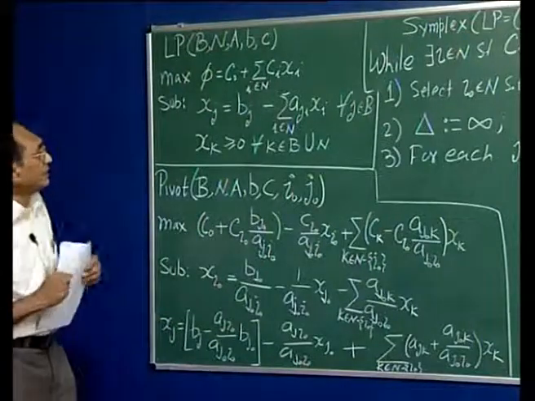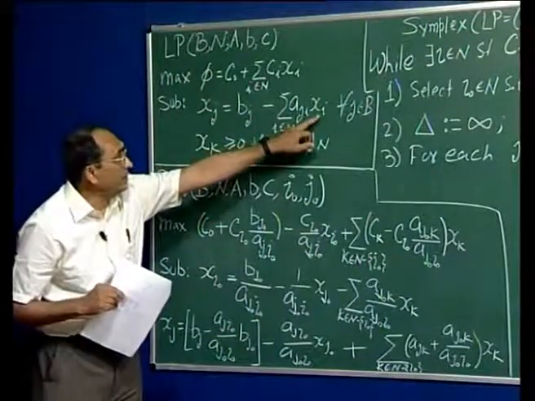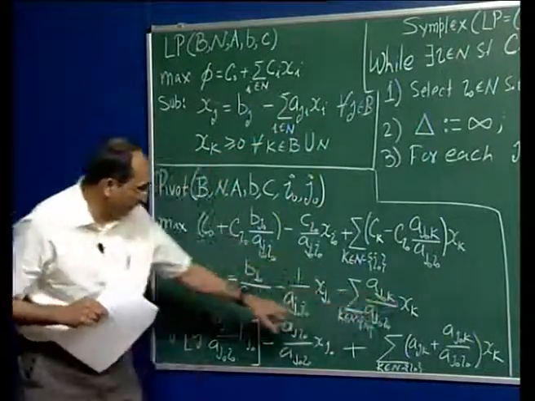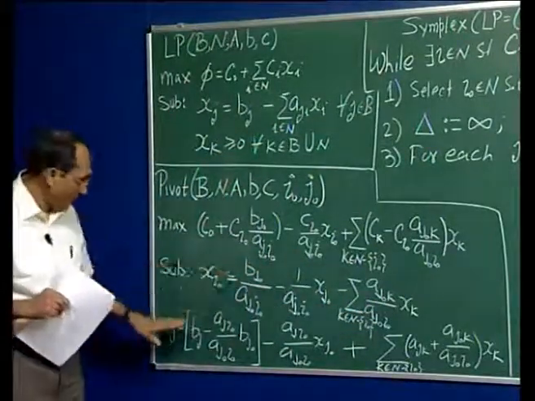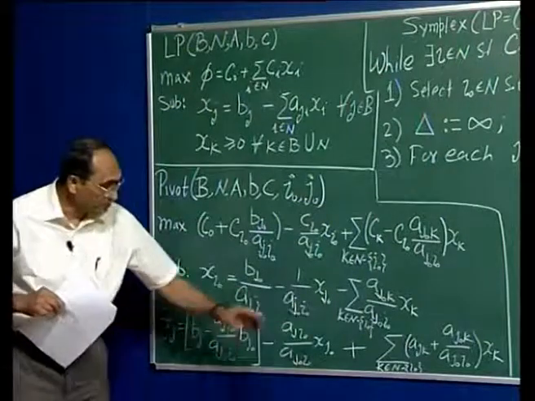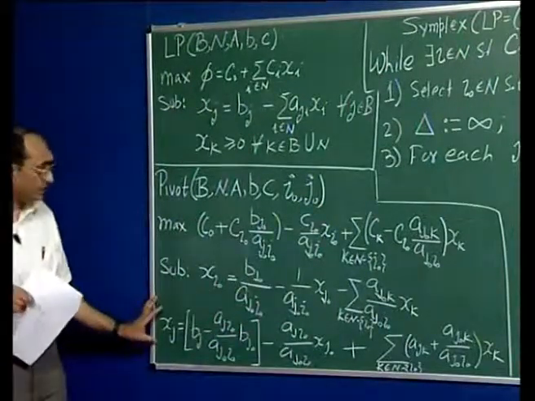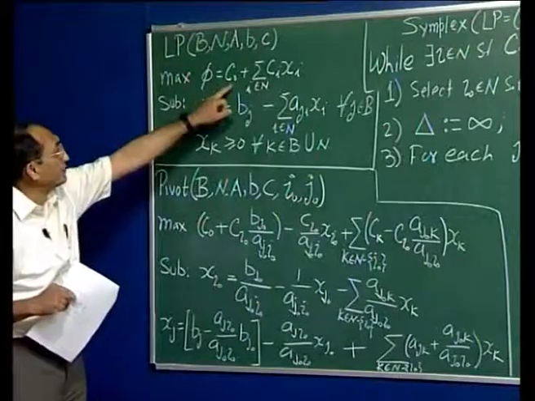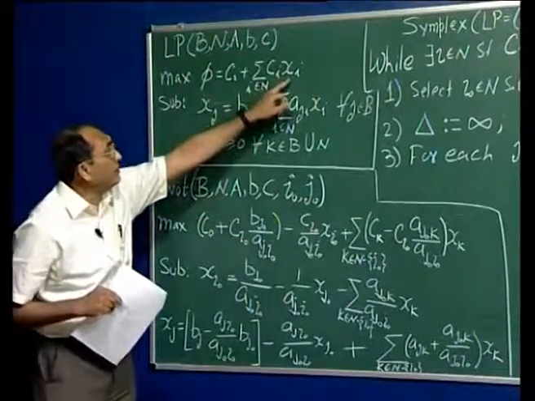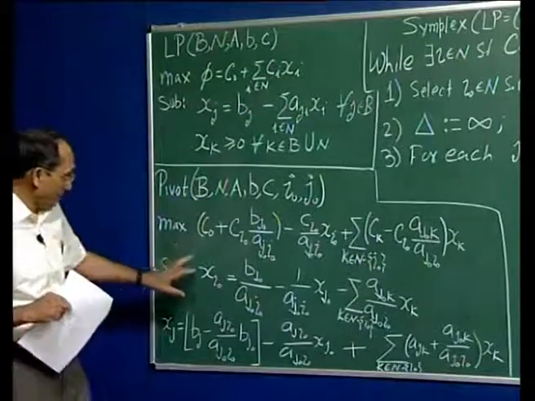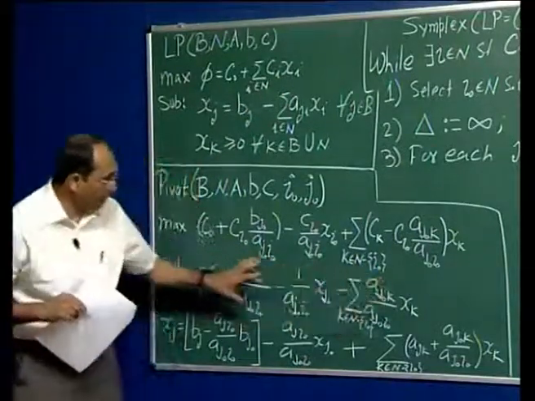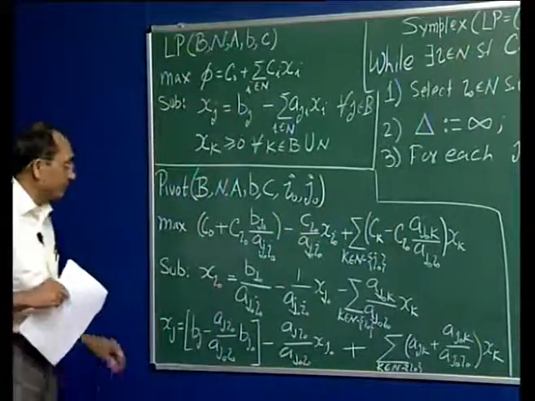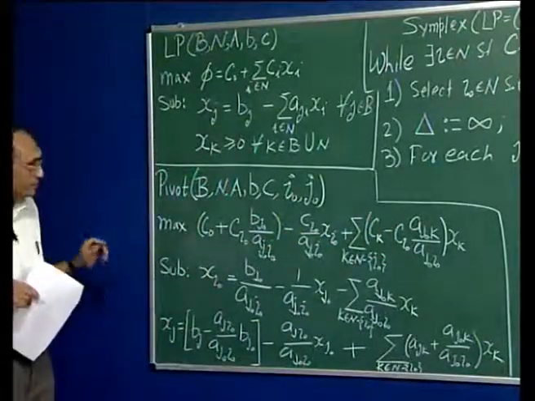All we have done there is that occurrence of x I0 was replaced by the right hand side of this expression. So, we get a new appearance of the same equation, and the same thing we did for the objective function. The x I0 was substituted by this expression, and we get this expression for the objective function.